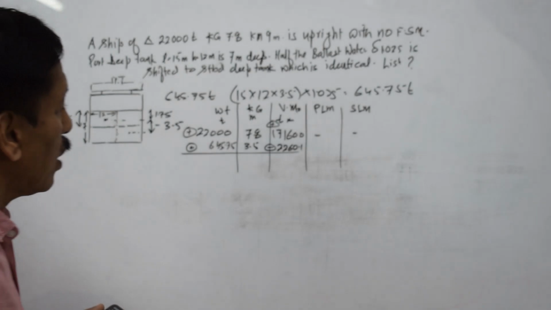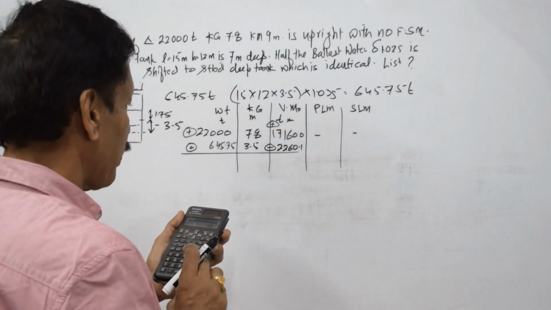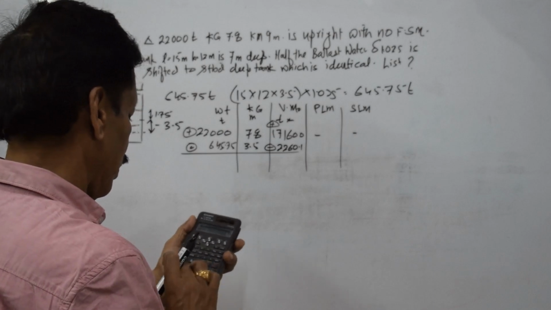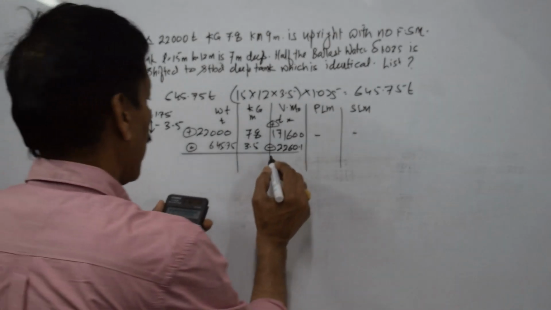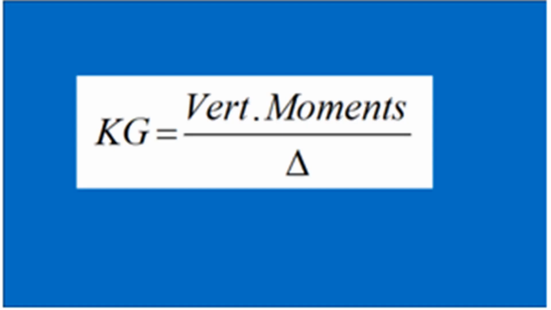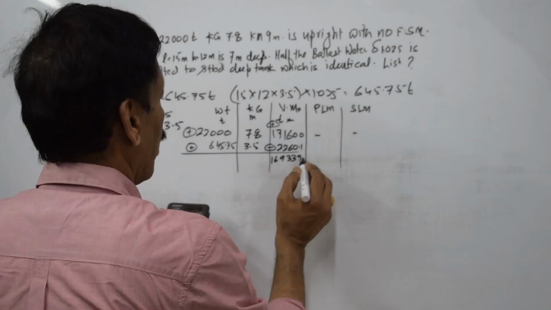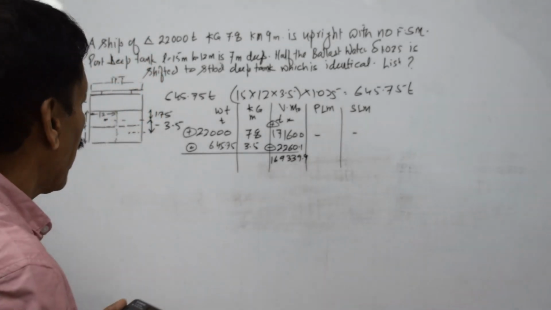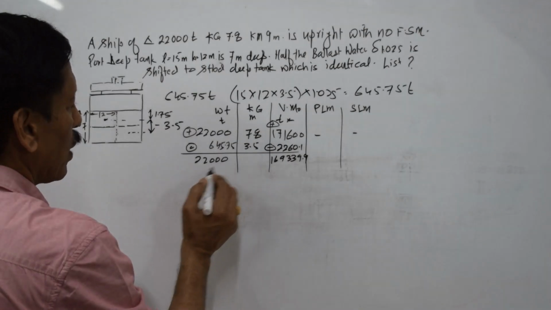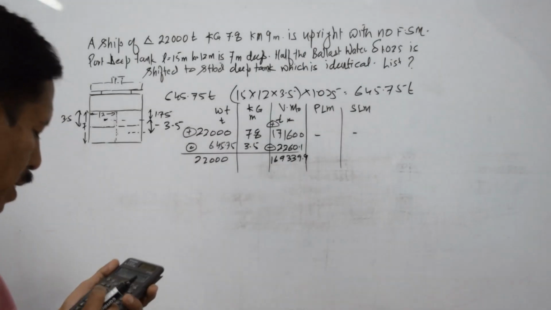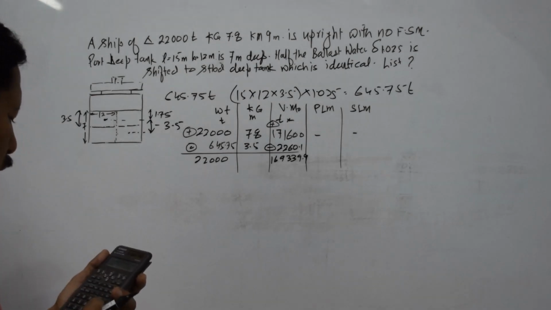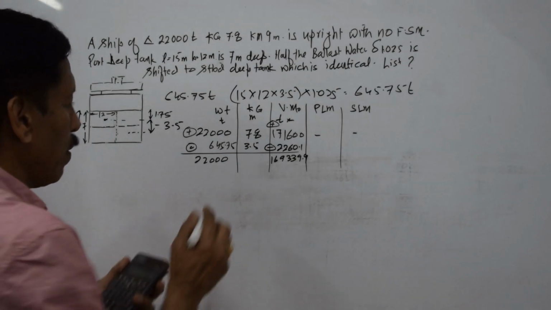So what are the new vertical moments? It gives me 169,339.9. Over here we still have the same weight, 22,000 tons, and let us see what the new KG is. New KG is 7.697.